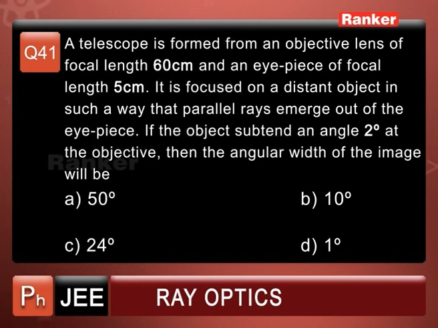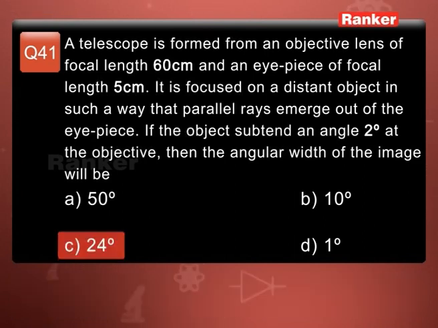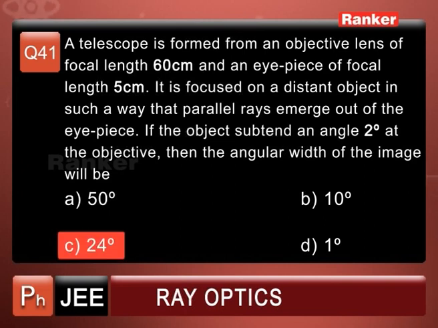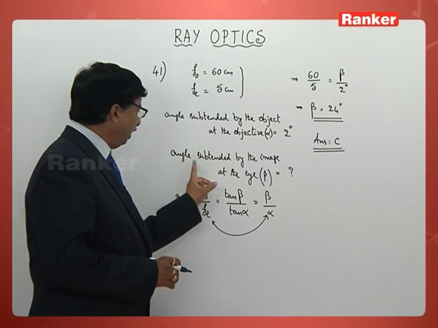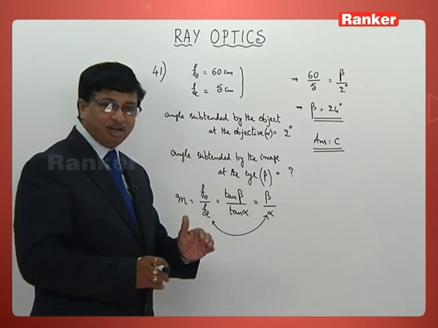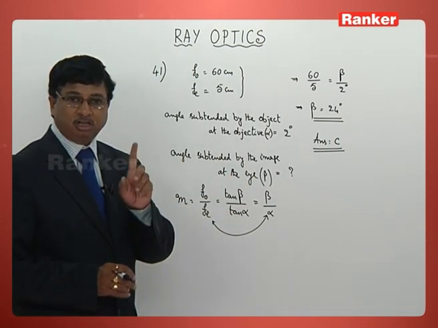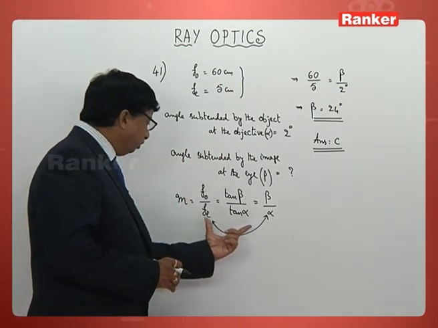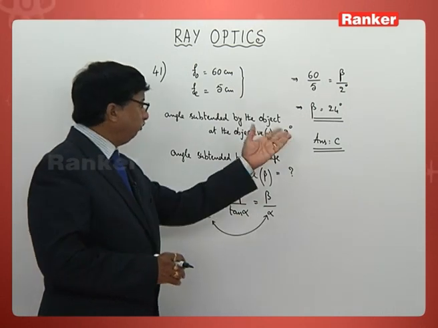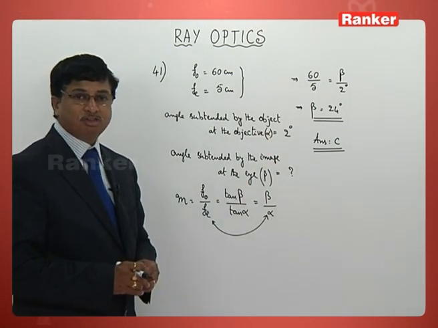The correct option for this problem is going to be C. He has given 50 degrees, 10 degrees, 24 degrees and 1 degree. The third option exactly coincides with the calculated value of 24 degrees. So the angular width, or the angle subtended by the image at the eye or eyepiece, are numerically one and the same. Observe that point carefully. Remember this formula. By equating these two, we can directly get whatever value we require.